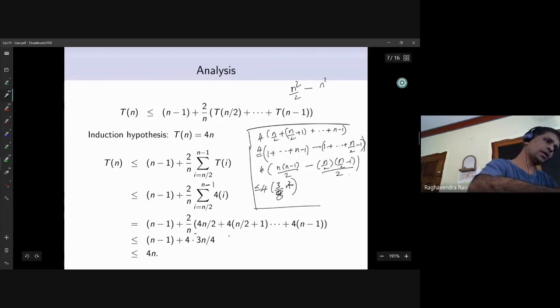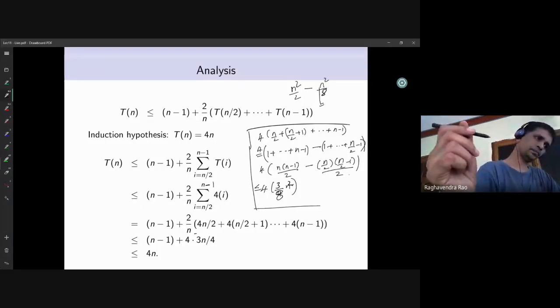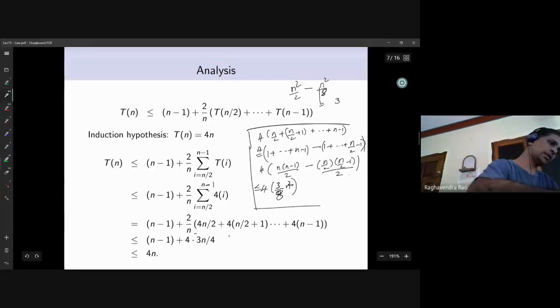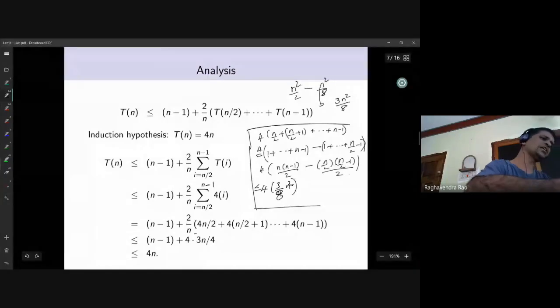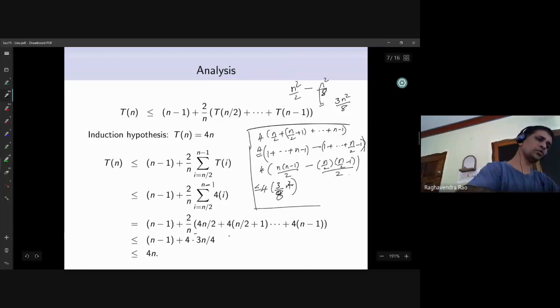So n square by 8. So what is this? So this is 4 minus 1. So 3 n square by 8, right? The highest order term is 3 n square by 8. We're ignoring the lower order terms. So this is at most 4 into 3 by 8 n square.